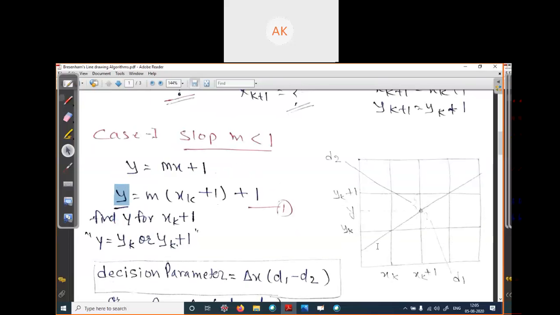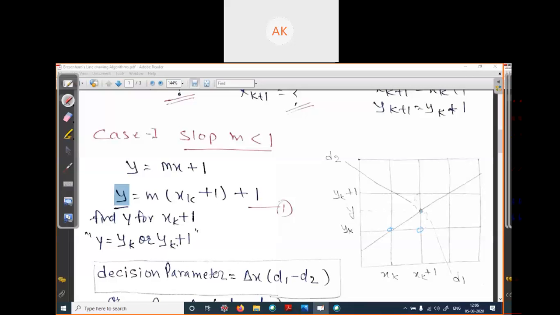In this graph, this is your true line. Suppose this is your starting point, where your line starts. The starting point, as you can see, is xk yk. This is the initial point, and when your slope is less than 1, the next point is xk plus 1, and the corresponding y we are going to find.